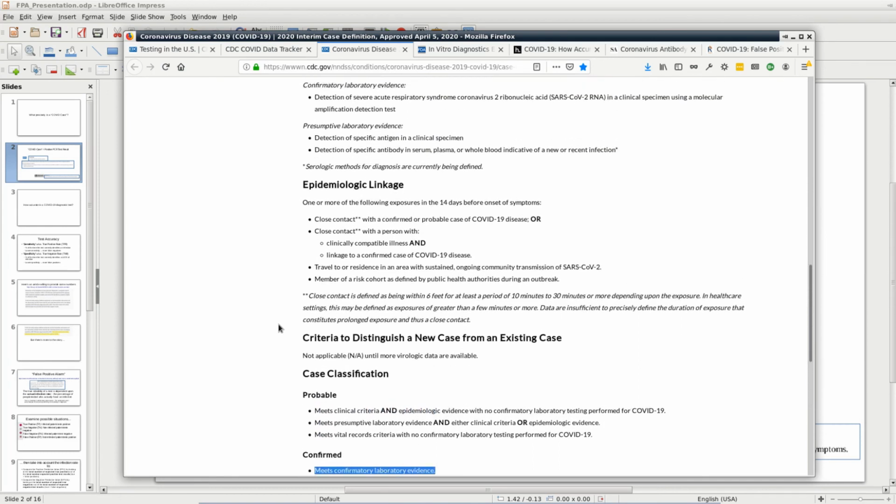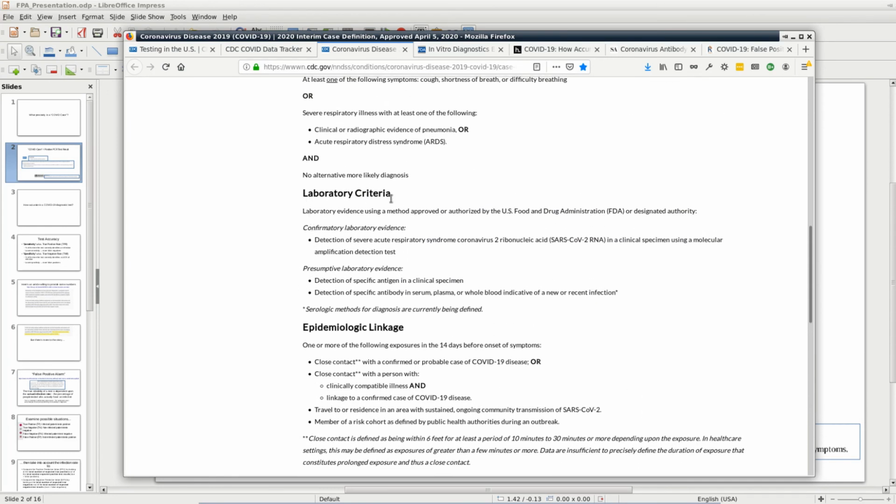So we scroll up, that's up here, laboratory criteria, just a single bullet: confirmatory laboratory evidence, detection of SARS-CoV-2 RNA in a clinical specimen using a molecular amplification detection test. Now, it doesn't take a lot of research to find out that a molecular amplification detection test is a PCR, polymerase chain reaction, a test based on the technique of amplifying DNA or RNA.